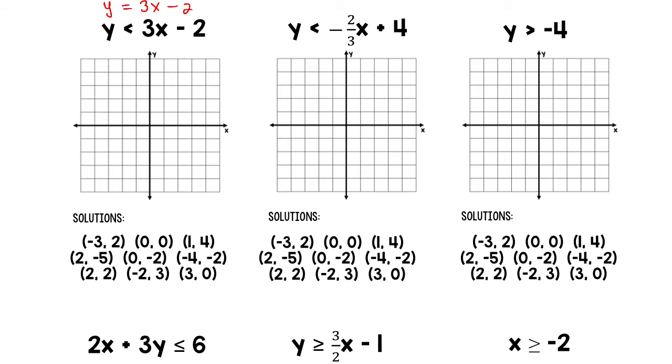The y-intercept is -2, so we go down 2. The slope is 3, so from this point, we go up 3, right 1, or down 3, left 1. There is no equals in our inequality, so this line will be dashed.